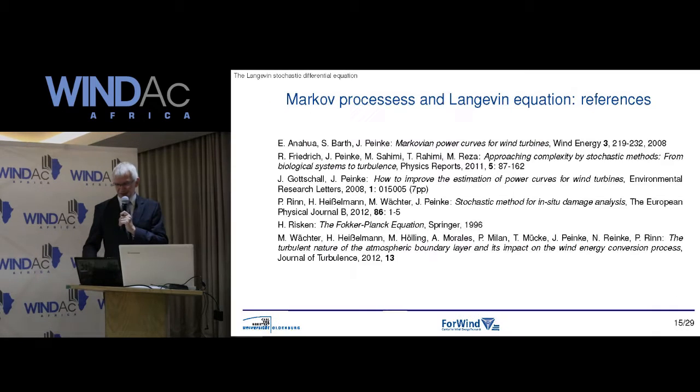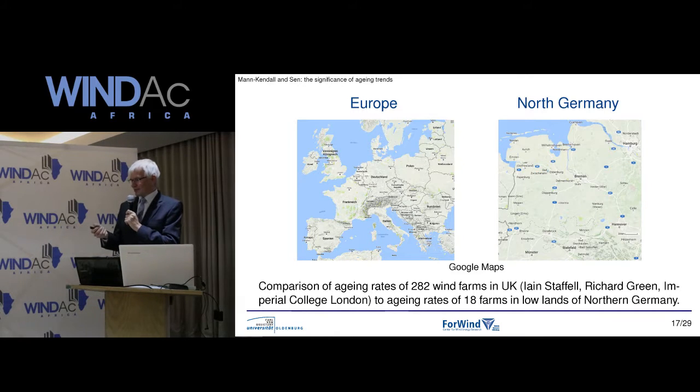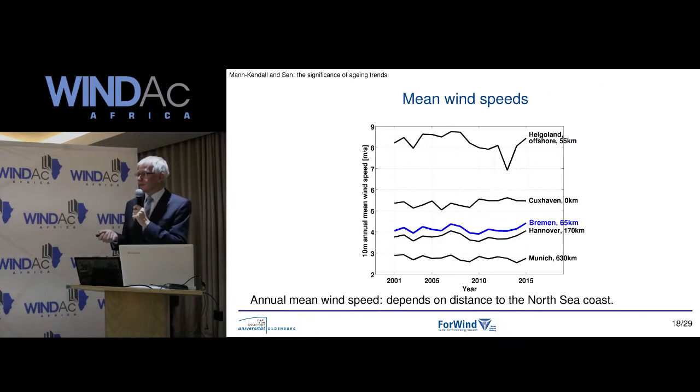Again, some references. This is Europe, as you know, and here is the northern part of Germany. I got data from 18 wind farms. They are located somewhere between Bremen and Hanover, so this region. I got power data, annual energy production data actually.